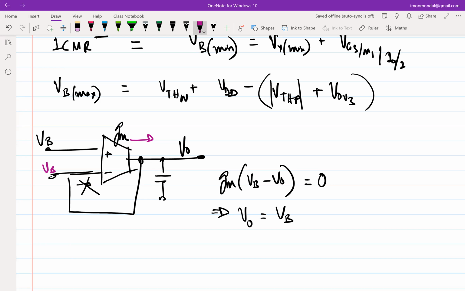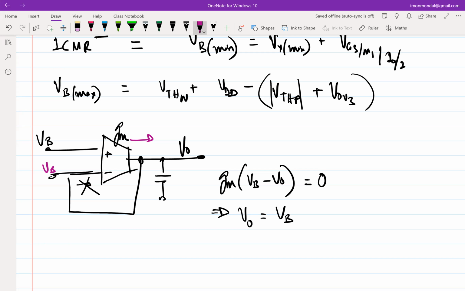Right? This should not surprise you, because what is the loop gain at DC? Loop gain means you are breaking the loop and finding out the return ratio. So for loop gain, you break the loop and apply a test voltage at that negative terminal, and you incrementally short the positive terminal.